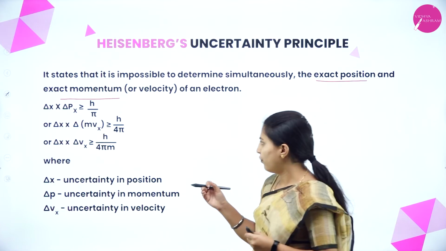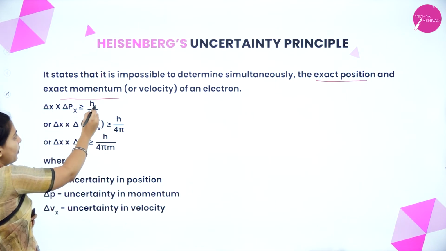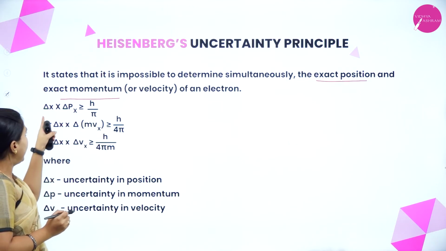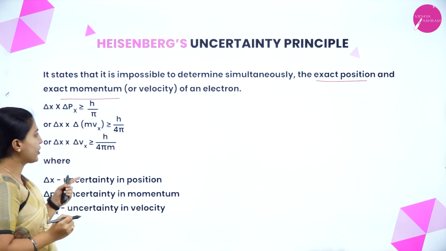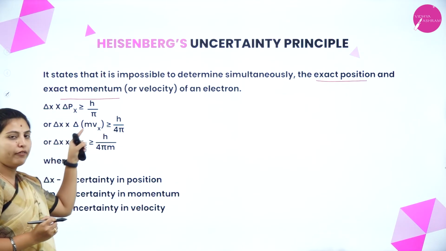simultaneously. For that, delta x into delta p is equal to h by pi. Delta x means uncertainty in position, delta p means uncertainty in momentum or velocity.